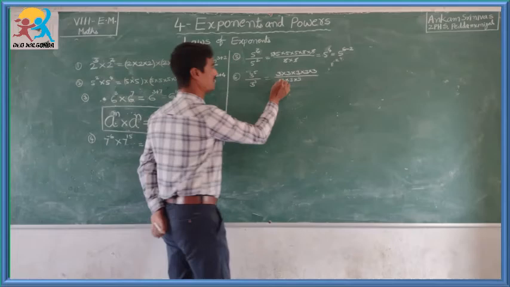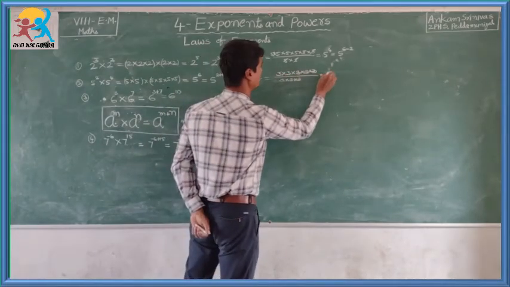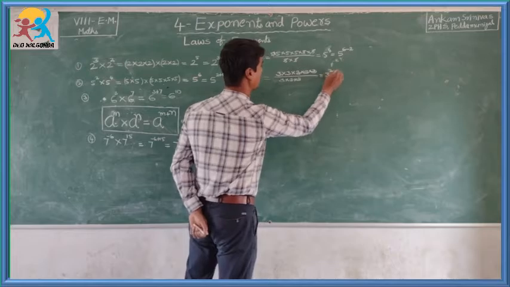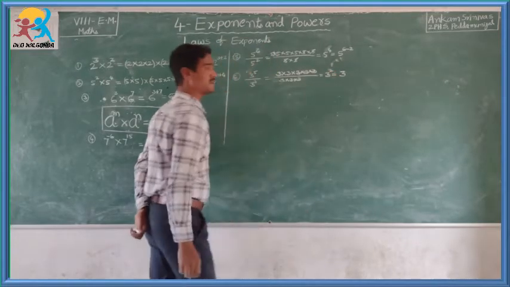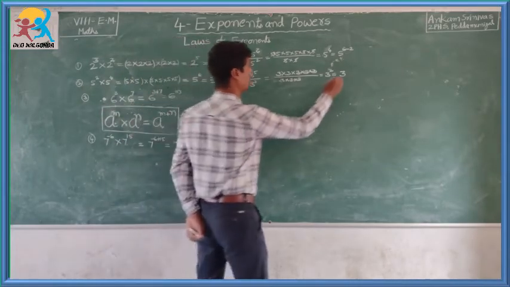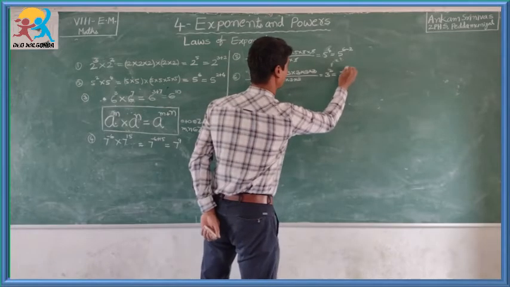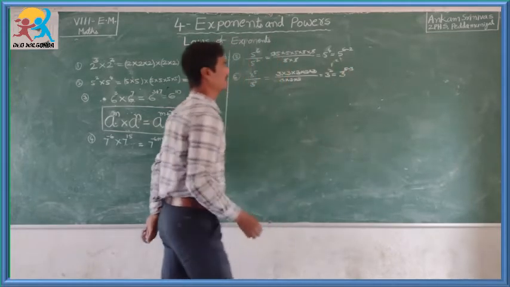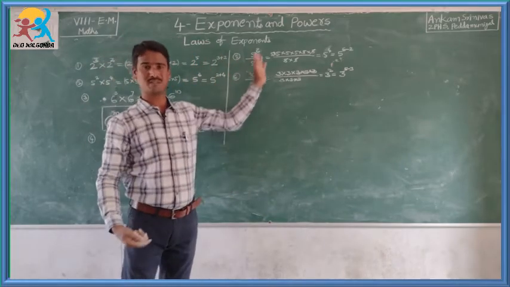So 3 will be cancelled, remaining 3 power 2. 3 power 2. So what is the exponent here? 2. The exponent I am going to write 5 minus 3.